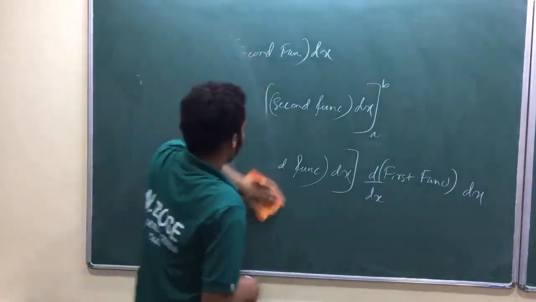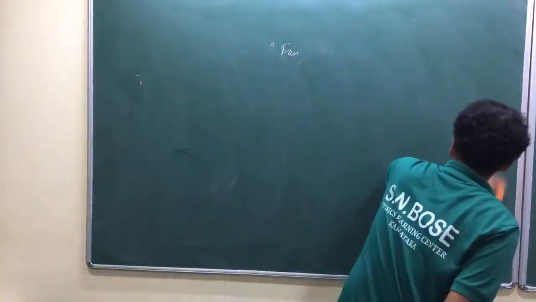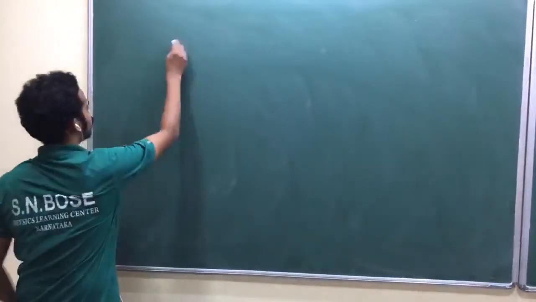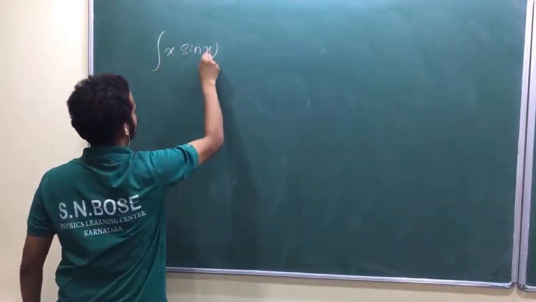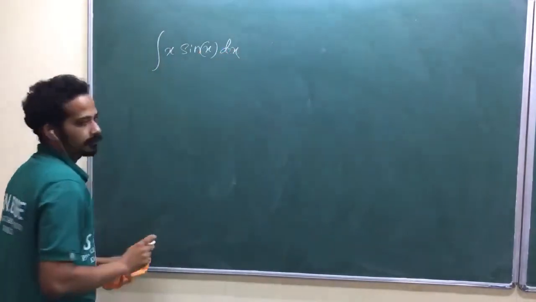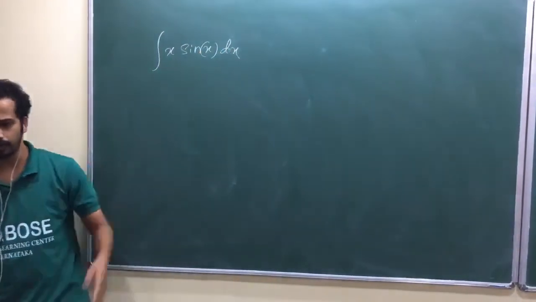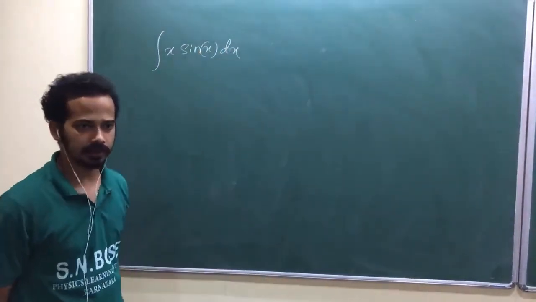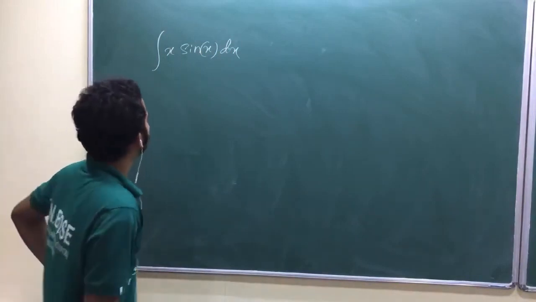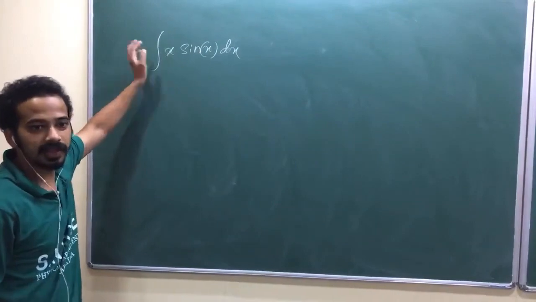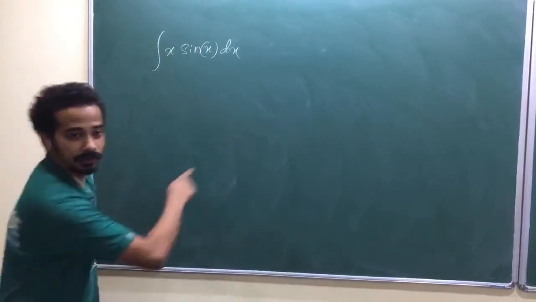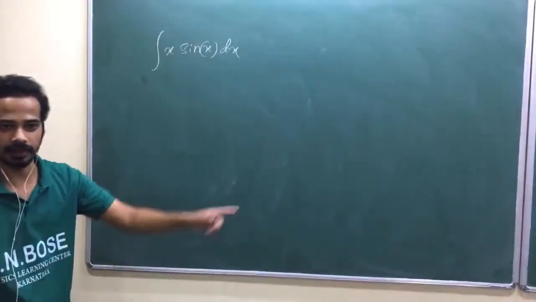Now let me quickly apply this one. First, let me take x into sin x dx. I'll take the indefinite integral. Later we can take the definite integral. Is that okay? So now look here. This should be chosen as the first function. Why? It can be reduced if you take the derivative, because the derivative of the first function will come later.